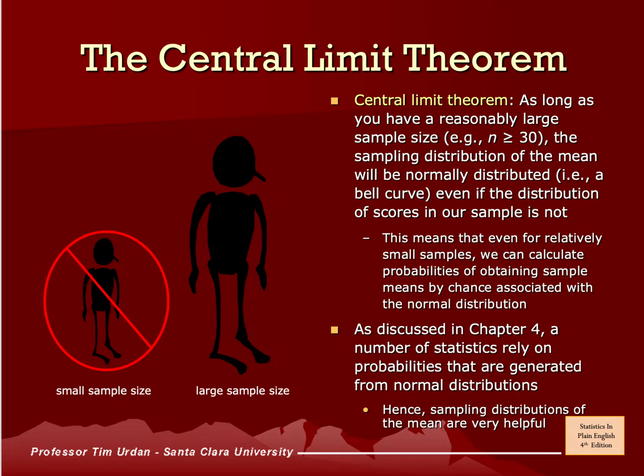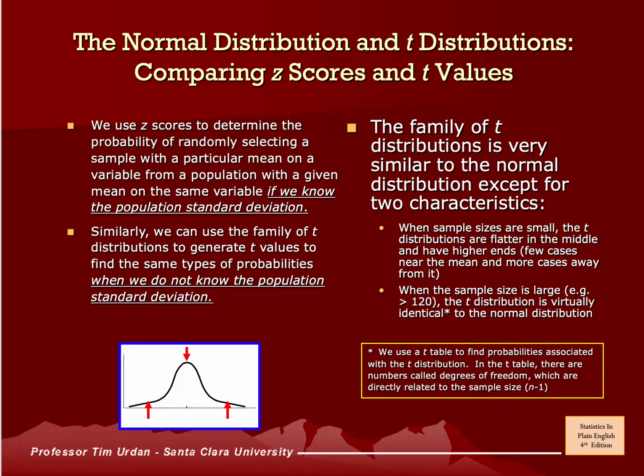As we talked about in chapter 4, quite a few statistics rely on probabilities that are generated from the normal distribution, which is why I need my sampling distribution to be normal. So it's more of an assumption than a proof thing. The normal distribution and the t-distributions are used with z-scores and t-values. We use z-score values to determine the probability from last week of randomly selecting a sample with a particular mean.